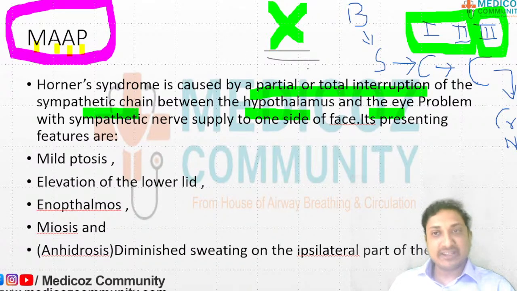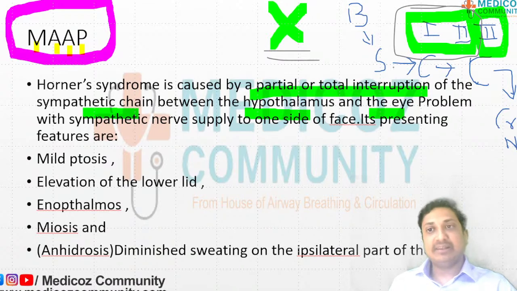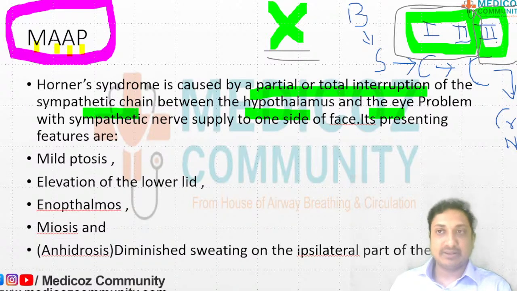So even if the pathway is blocked at the preganglionic level, at that level it will stimulate norepinephrine and it can dilate the pupil. But if the pathway is blocked at the post-synaptic level, then hydroxyamphetamine will not act.